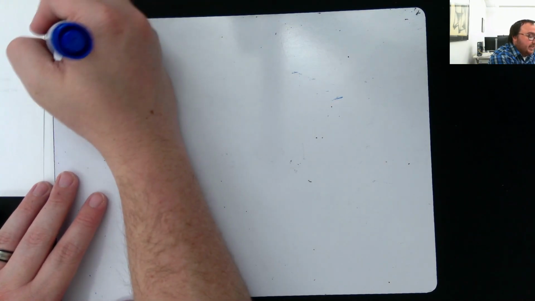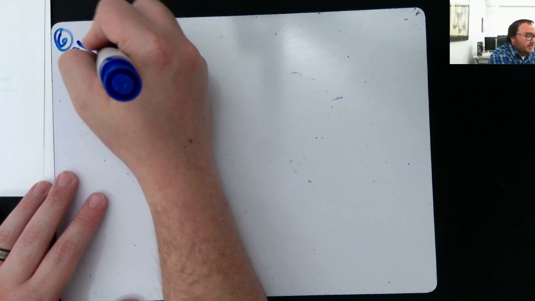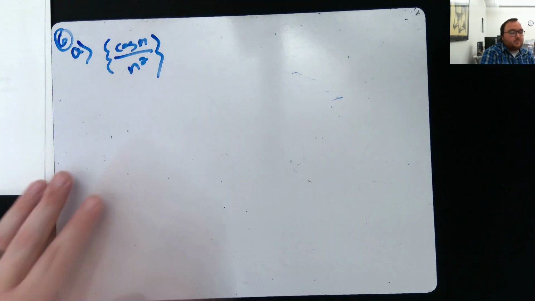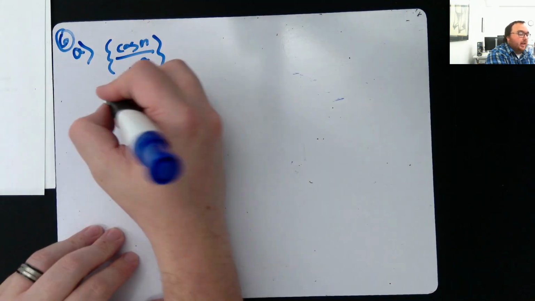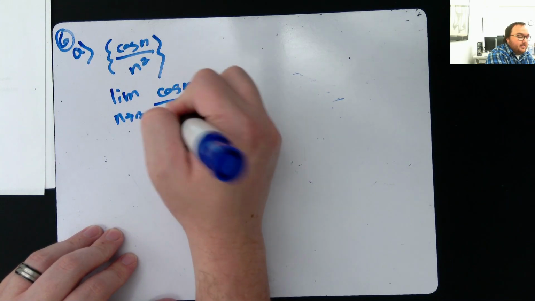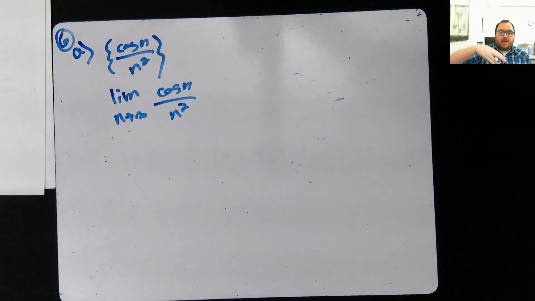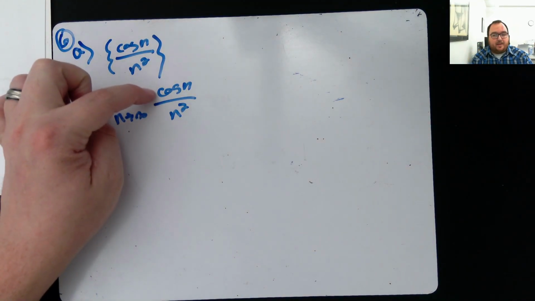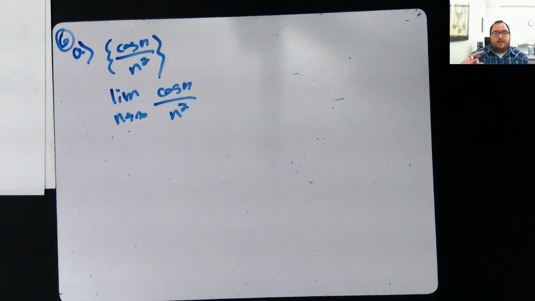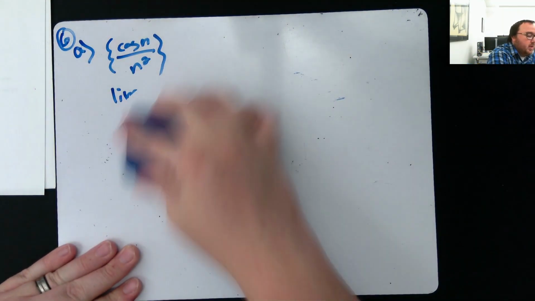So for example 6a, let's see what happens to the sequence cosine of n over n squared. Now trying to do the limit of that would be hard because cosine just goes up and then down and then up and then down. So it's really hard to say what happens as n gets really big, right? Because again, it's just going up and down. So instead, I can use this squeeze rule, okay?